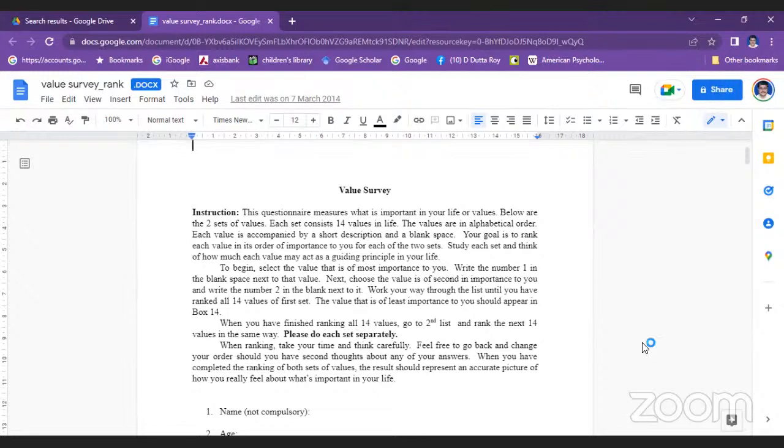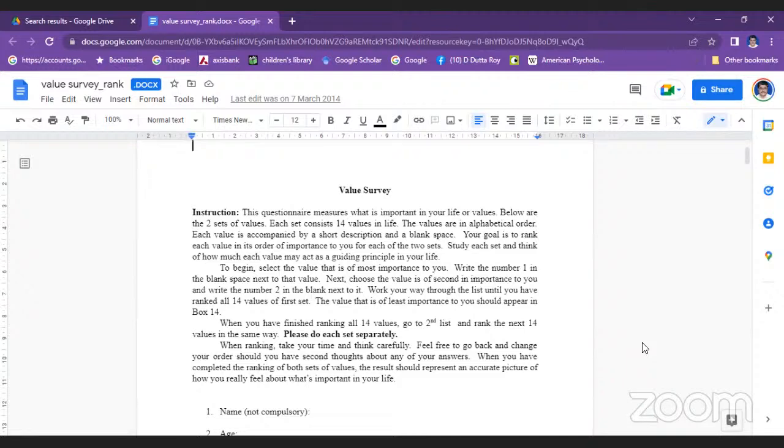It is written that each value is accompanied by a short description and a blank space. Okay. So can you tell me why the short description is there? Why we are giving the importance of that value? Question is why each value is accompanied by a short description.